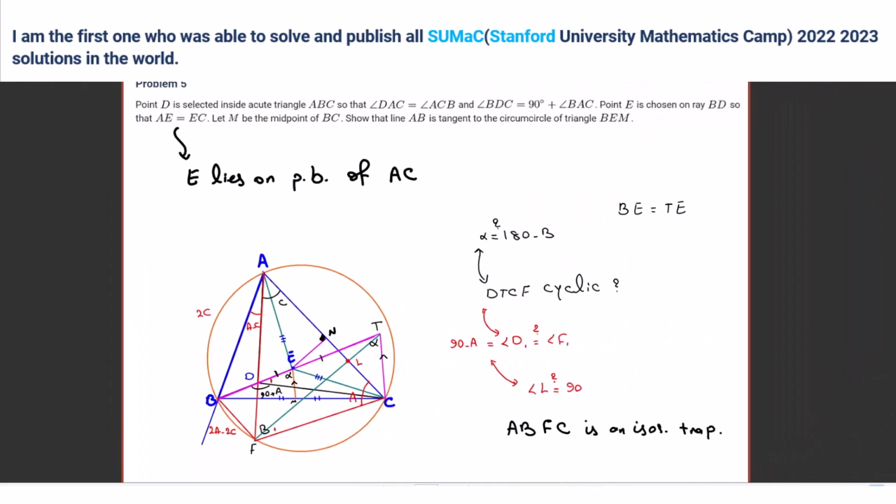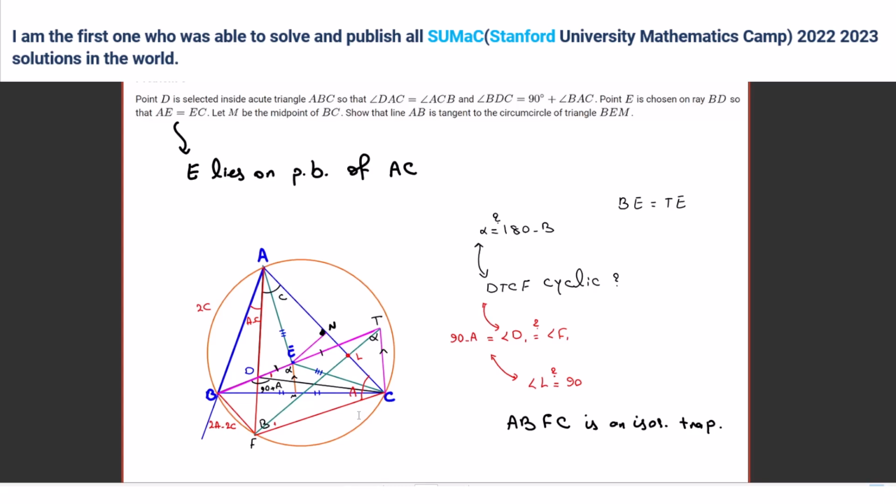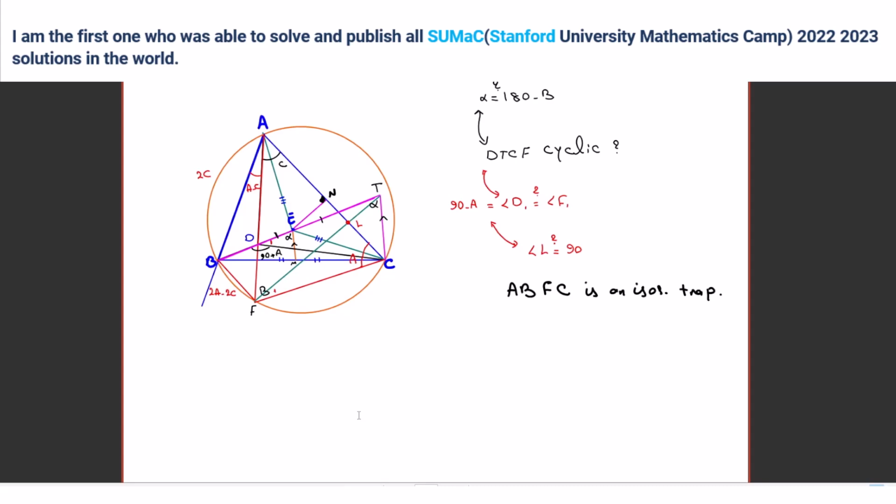Could you prove it? For it being an isosceles trapezoid, BFA is also equal to angle C because it's the same arc as AB. That means BF and AC are parallel, and then their angles are all equal.